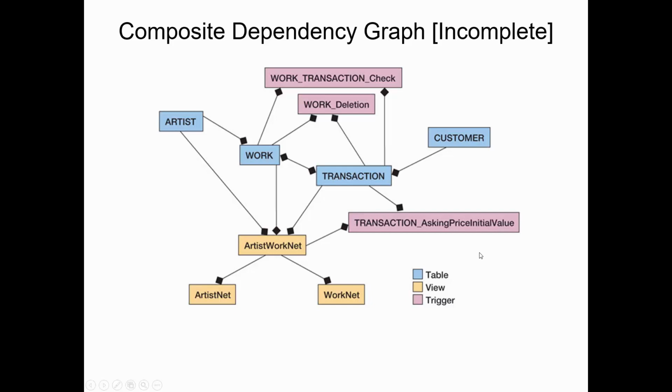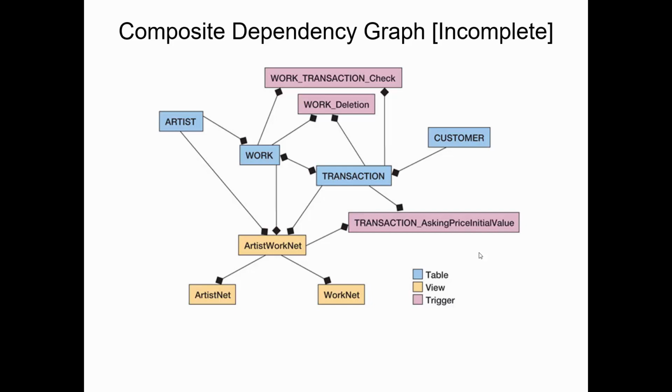This is a partial dependency graph that was drawn using the results of the entity relationship model. Some of the views, stored procedures, and constraints are not shown, just for simplicity. Although it's partial, it shows the complexity of the dependencies among database structures.